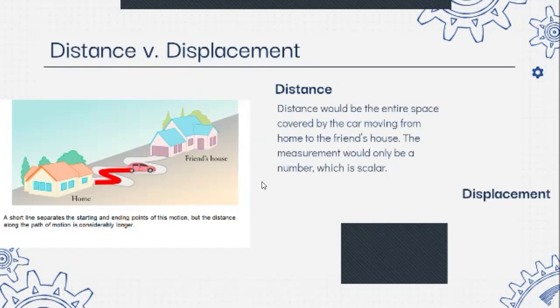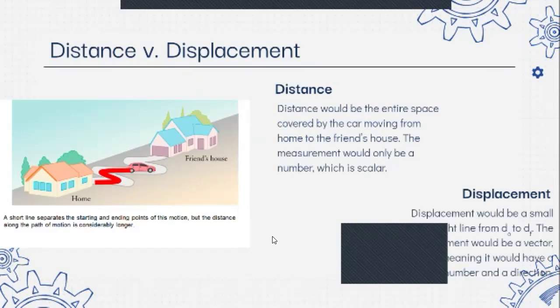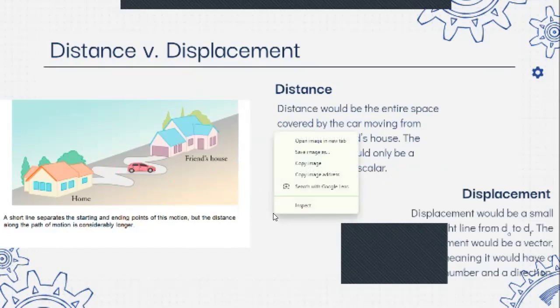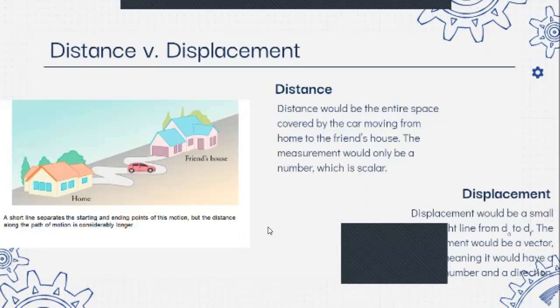Your displacement would be the small straight line from D-O to D-F, okay? So that is a straight line from where you started to where you ended.